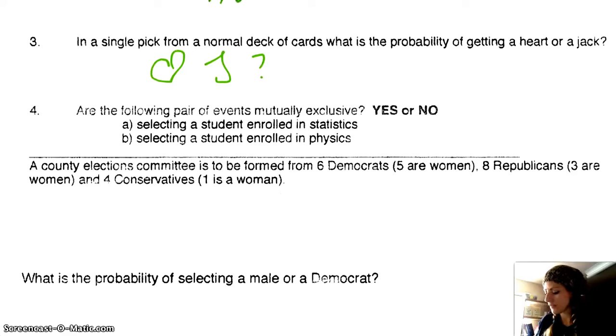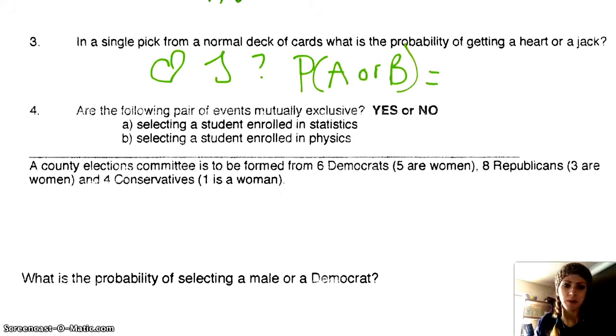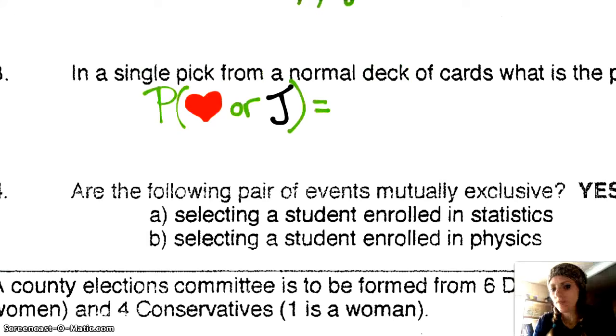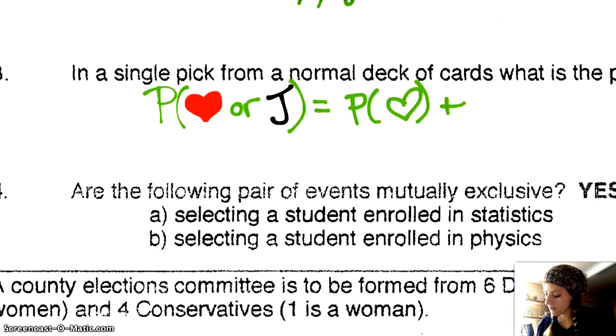And so if I use my probability of A or B, that's the probability of getting a heart or a jack. Let's actually write that in because I think it makes more sense if we use the actual context. You want to look at the probability of getting a heart plus the probability of getting a jack.